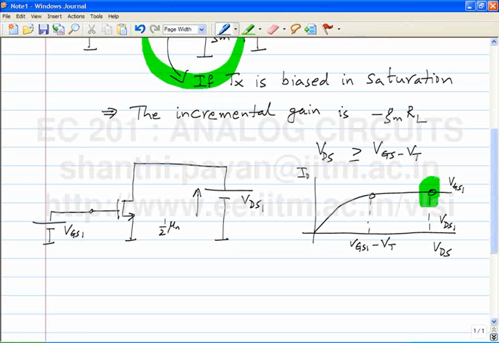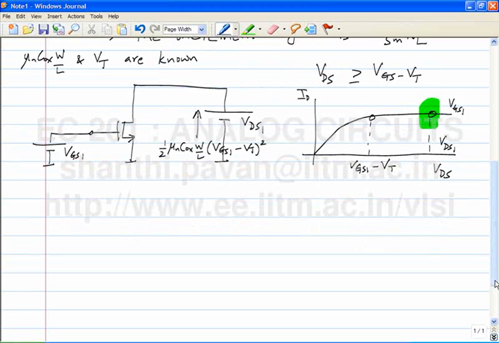One half mu n Cox times VGS1 minus VT, the whole squared. Once a transistor is given, we know the parameters mu n Cox W by L and VT. So ideally we would like to keep the transistor in saturation, so you would want to choose VDS1 to be as large as possible.